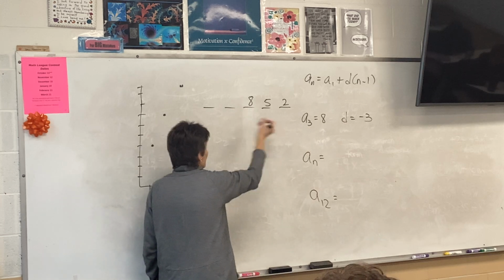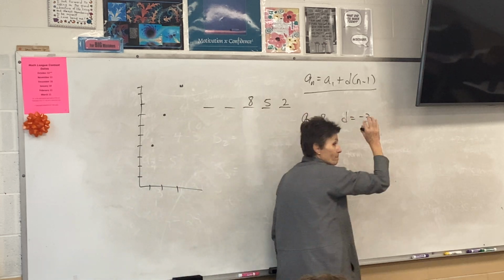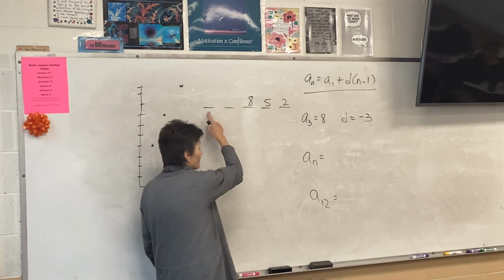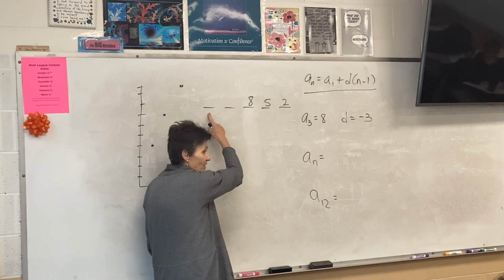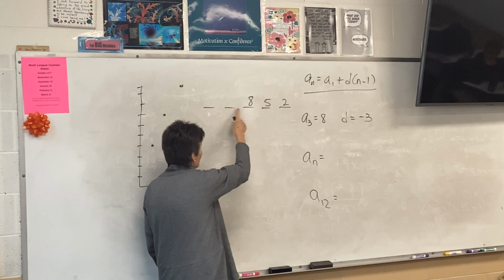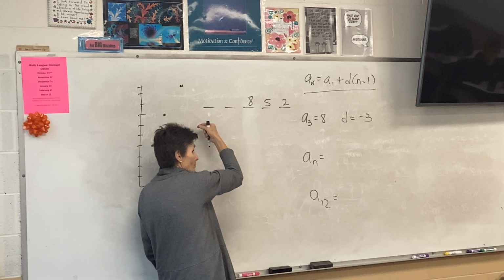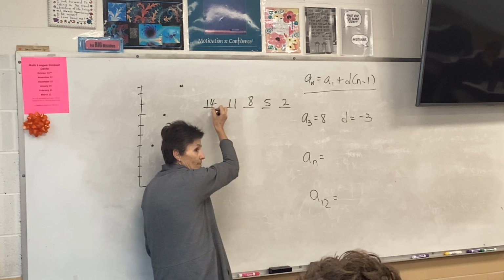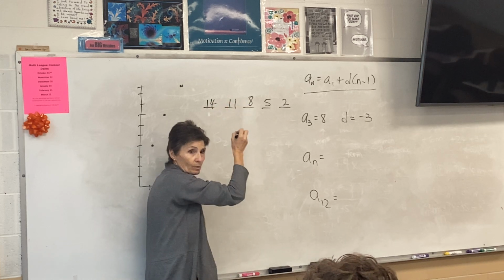Mm-hmm. Okay, in my formula, I'm going meat and potatoes here. If I use my formula, then I need to know what the first term is. Could I figure that out? Yes. I could figure that out by going this way. So this would be 11 and this would be 14. Would you agree with that?